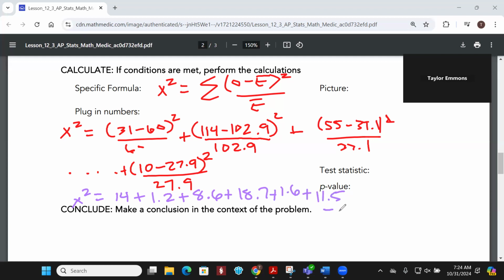All of that will equal 55.6. That is not the p-value, that's the test statistic. So the chi-squared is what we just found, which is 55.6.